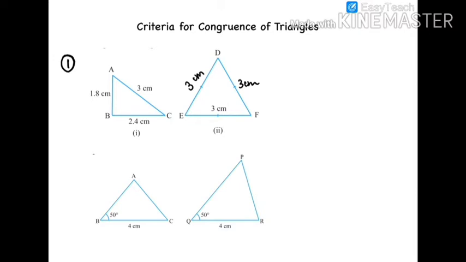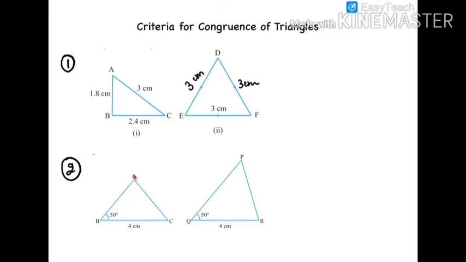We can observe that only one side in these two triangles is equal. The other two sides of the first triangle are not equal to the sides of the second triangle. So these two triangles will not be congruent because their corresponding sides are unequal.